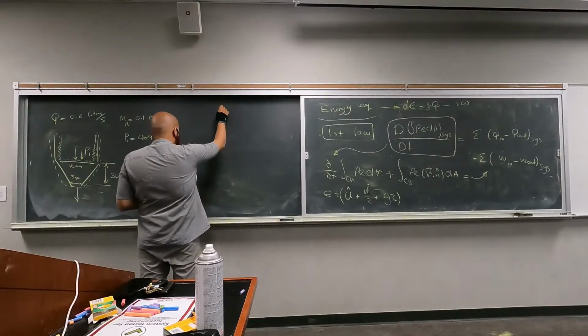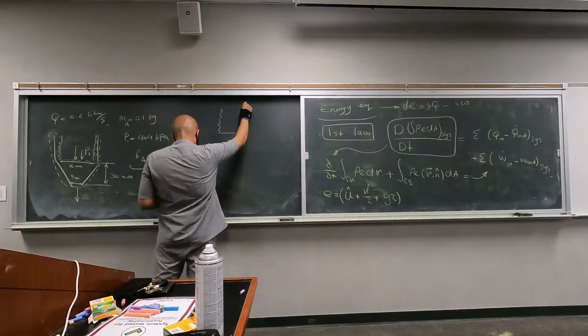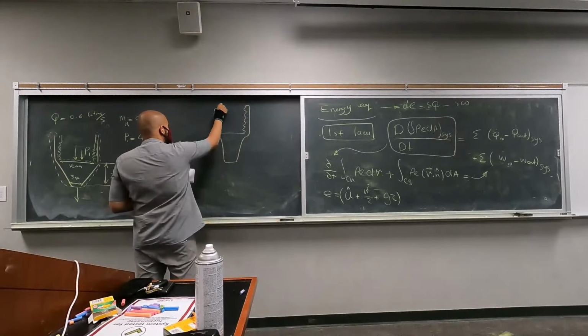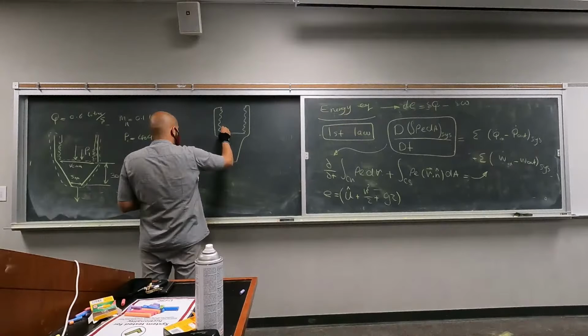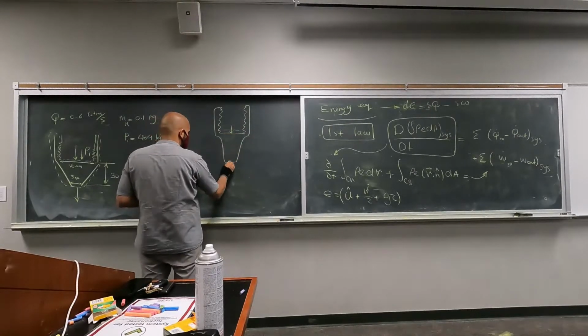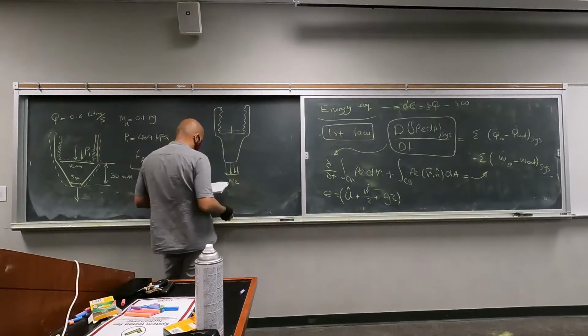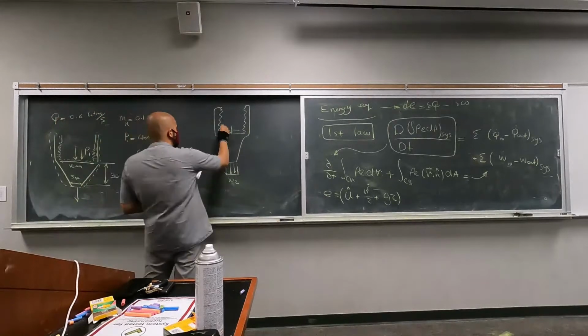So let's just draw your control volume. We have an inlet here, we are not told whether it's uniform or not, but the outlet with W2, we are told is uniform.